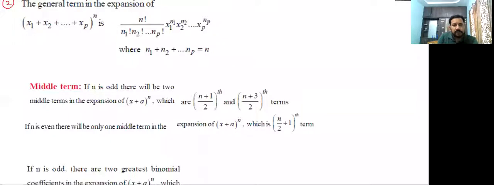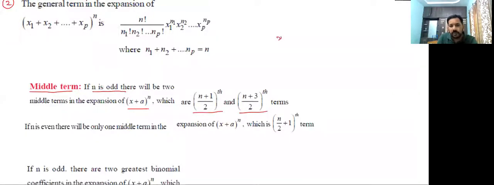Middle term. How to find the middle term? See here. If n is odd, there will be two middle terms in the expansion of (x + a) whole power n. They are the (n plus 1) by 2 th term and the (n plus 3) by 2 th term.